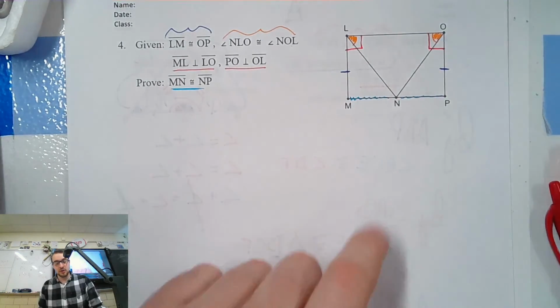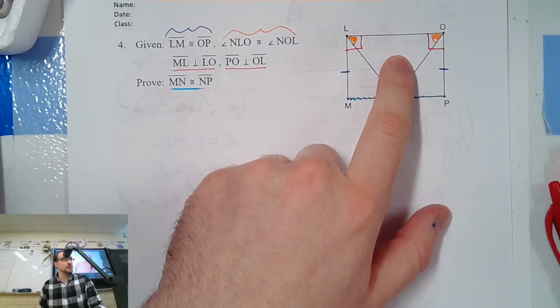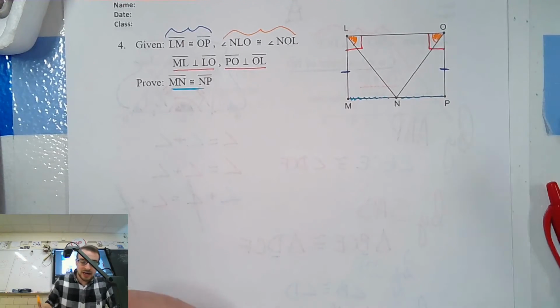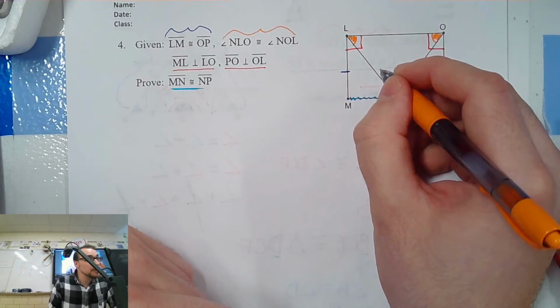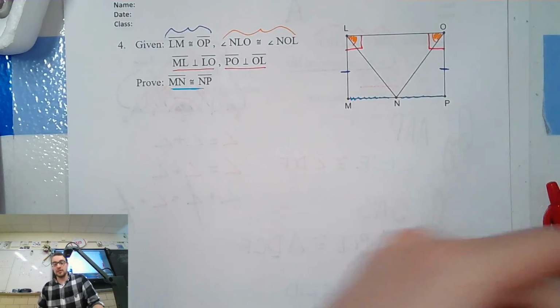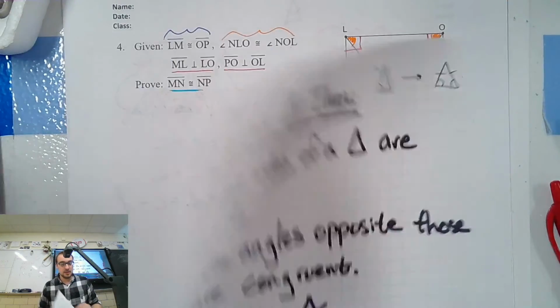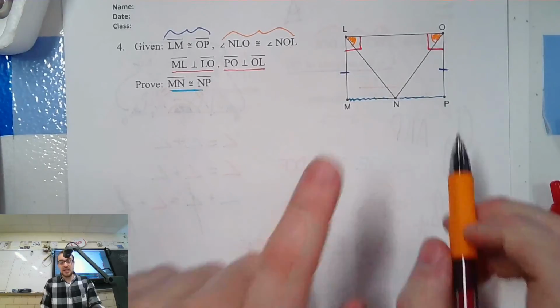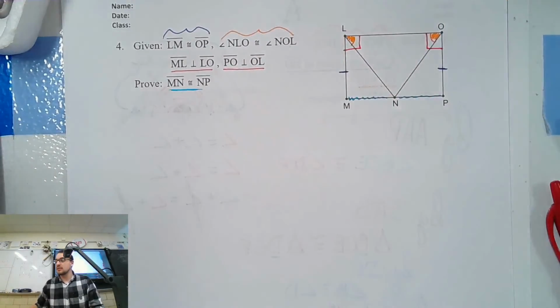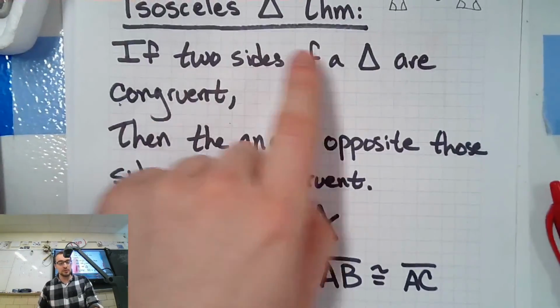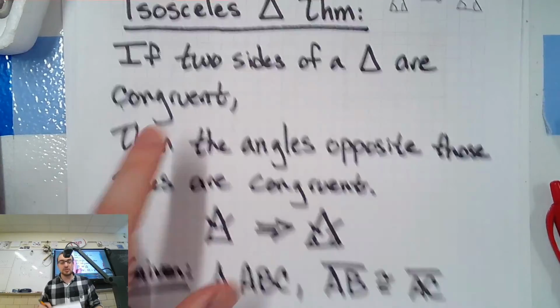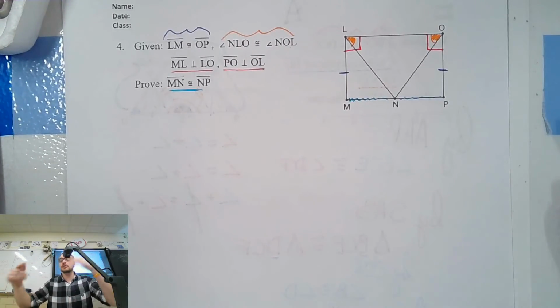Well, didn't we mention earlier that this thing's an isosceles triangle? Has to be. I know that by isosceles triangle theorem. Is it the converse or the regular theorem? We're given the angles. Isosceles triangle theorem says if two sides are congruent. So we're using the converse, right? If they give you the angles, we're using the converse.